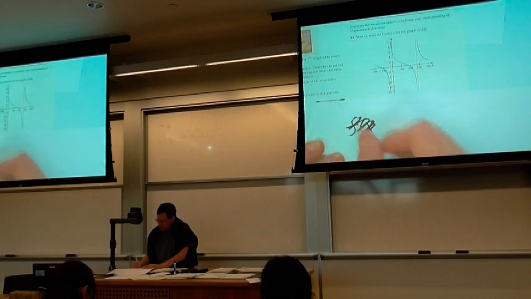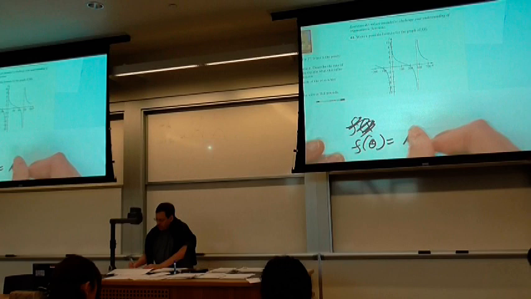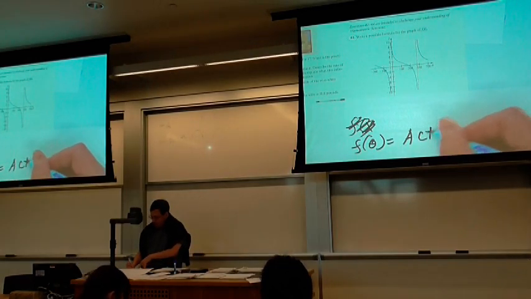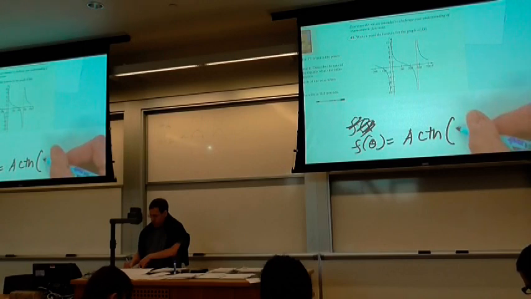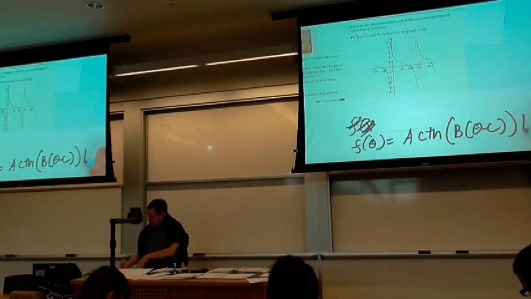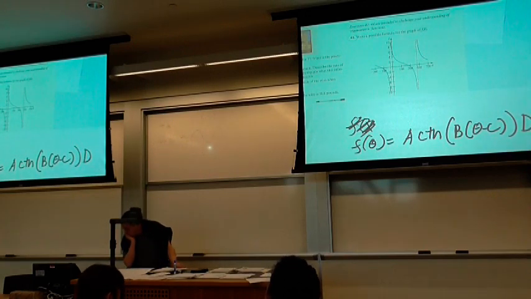Oh, they're going to use theta, of course. So, A times, we'll try cotangent of B times theta minus C, plus D.